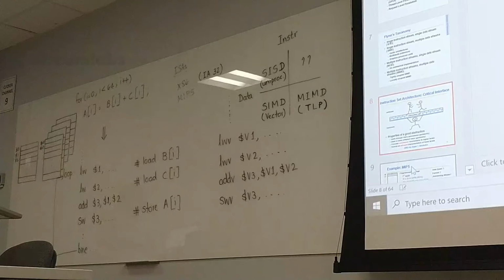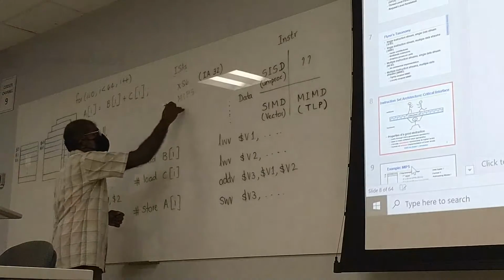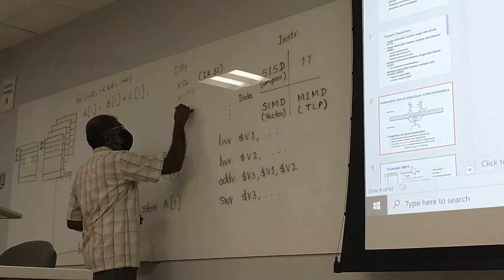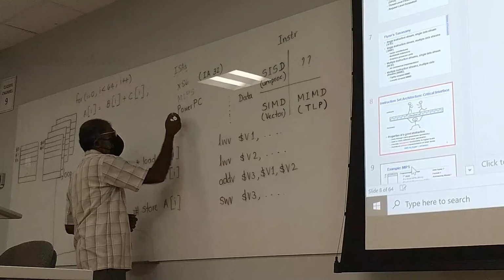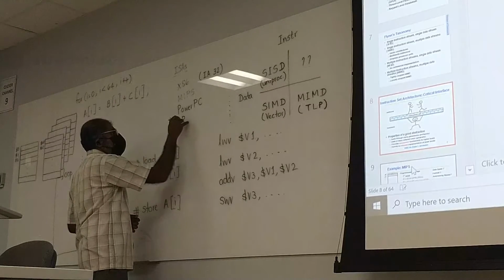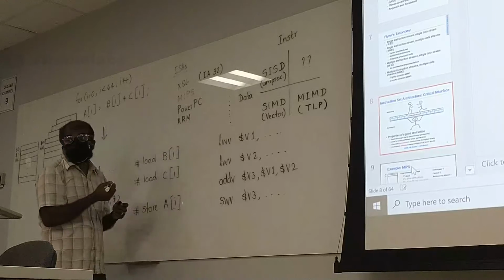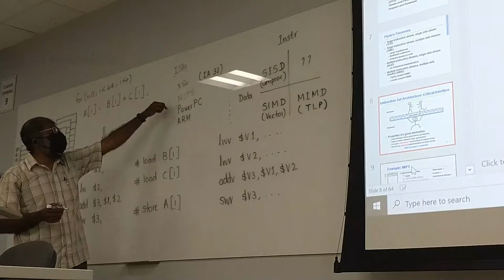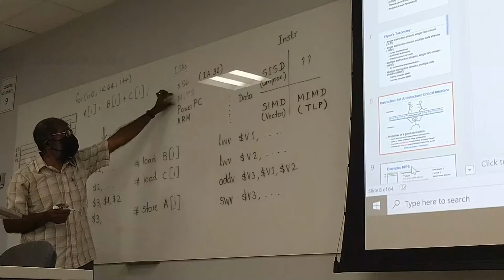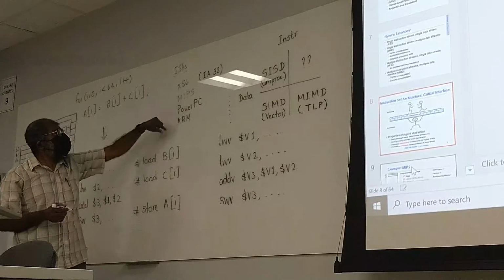PowerPC, I'm not sure when it was introduced, but ARM has different versions. MIPS also has different versions, etc. But we usually classify them as one ISA.